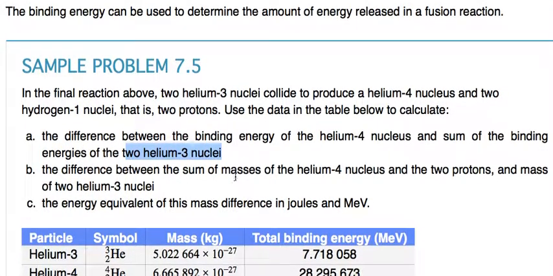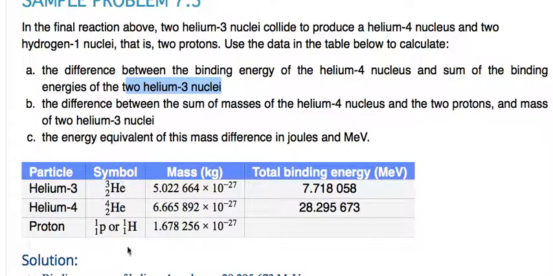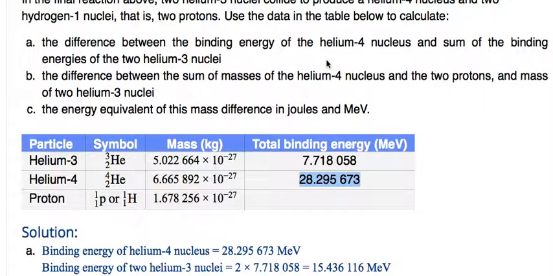So we're going to look at the binding energy first of the helium-4 nucleus. Now we have a table here, it's super useful. We can see the binding energy for the helium-4 nucleus is right there. And for the two helium-3 nuclei, there's helium-3. First we find the sum of the binding energies of those two helium-3 nuclei.